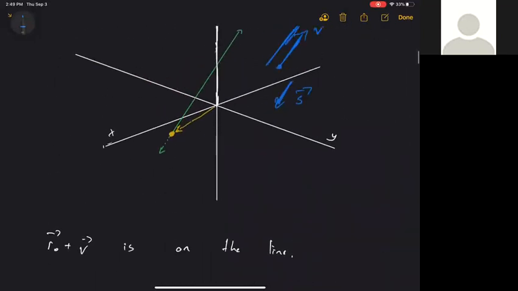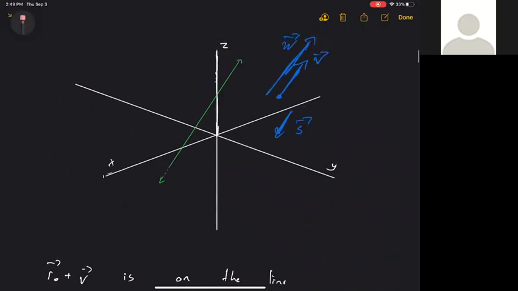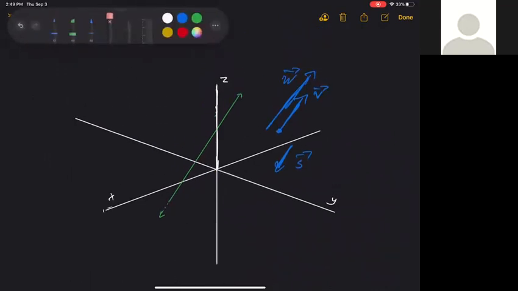We could think about this known point on our line as a starting point.